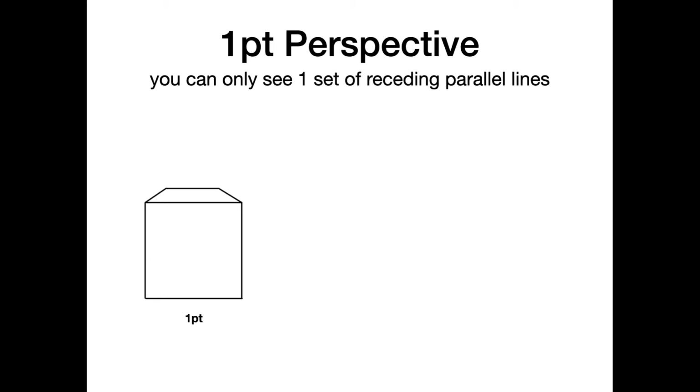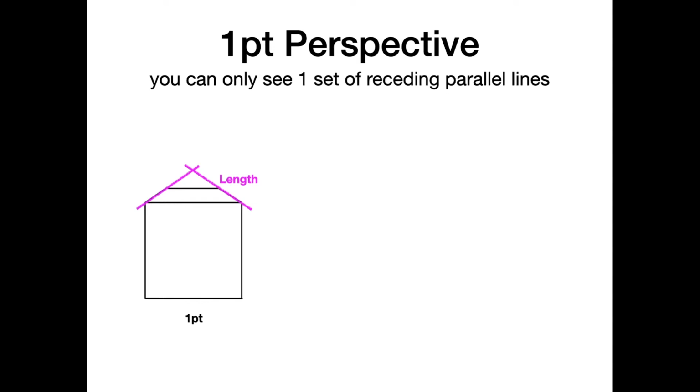So, if you were to look at a cube straight on, so that the front face of the cube is facing you, then you will only be able to see 1 set of receding parallel lines. The length of the cube is receding away from us. If we were to extend those lines long enough, they would eventually converge at a vanishing point on the horizon.